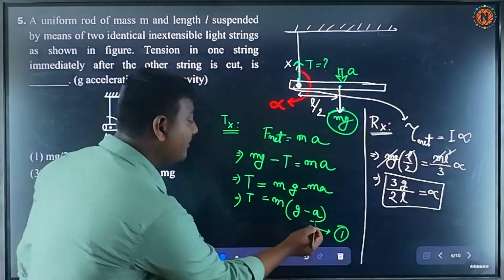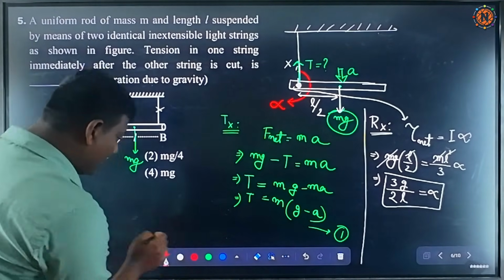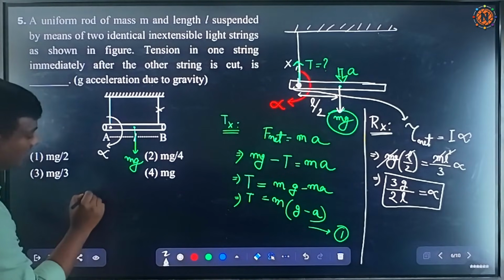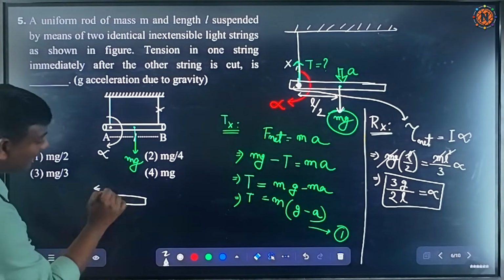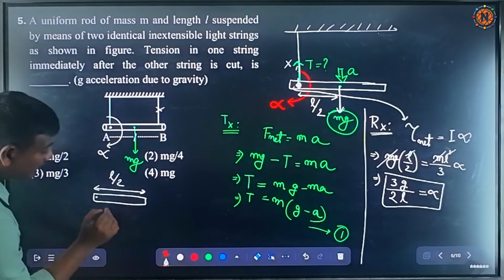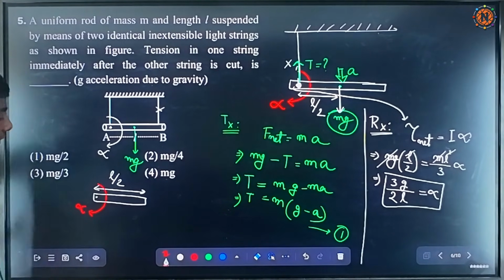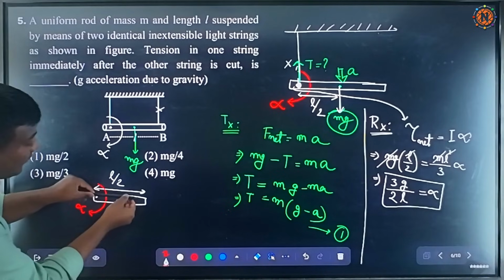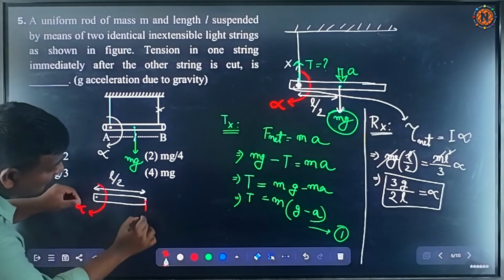But we need to find the value of acceleration a. Now see, I am drawing here. Just consider the half length. This is L by 2. We are considering this length only, and this rod is rotating about this point, so it will have an angular acceleration alpha. At this point we have a tangential acceleration.